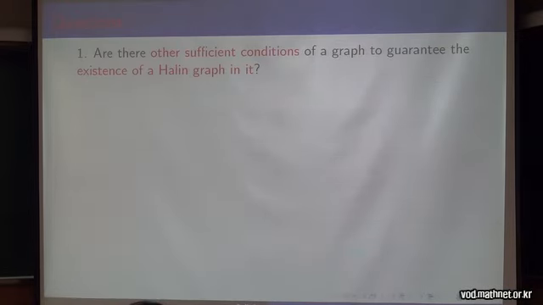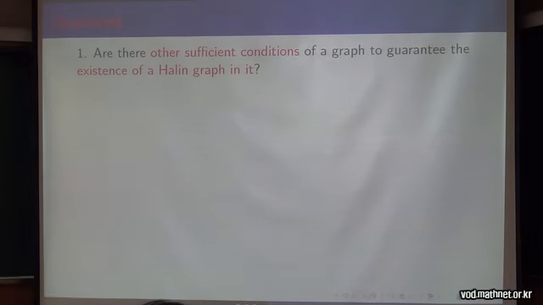But you can think about the triple condition, probably a triple pair. I couldn't find the paper, but in some paper, the author said that there is a complete characterization for triple things, XYZ-free graphs, to guarantee Hamiltonicity. Because a Halin graph is Hamiltonian, at least you should start from there.